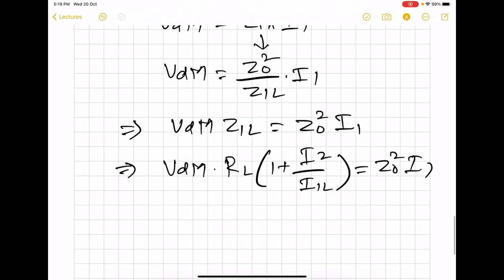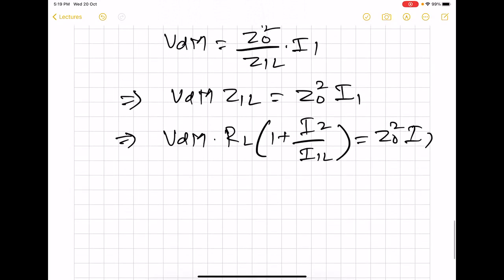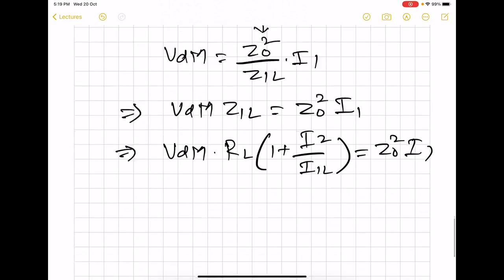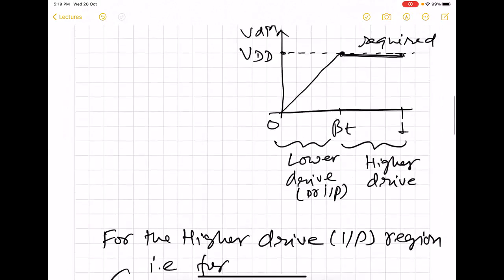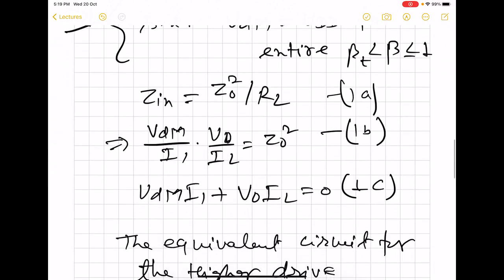Now we can see that I2 has appeared in the equation, but we want only I2. We want to get rid of I1L. So we will try to find how to eliminate I1L. For that, we will take the help of equation number 1C.